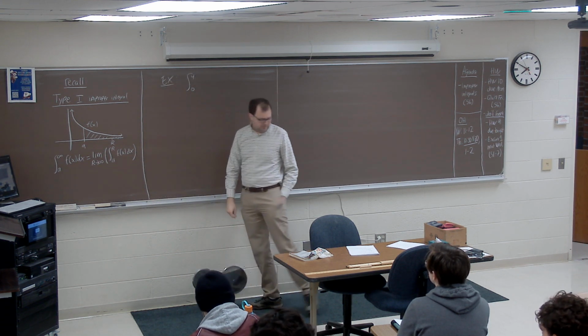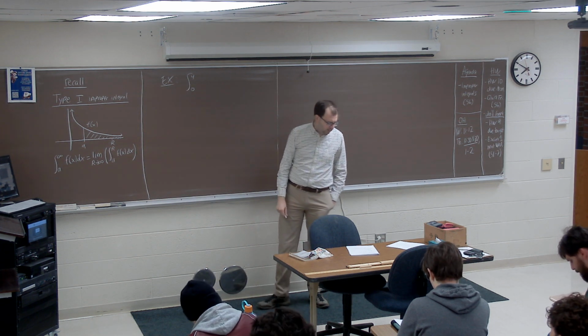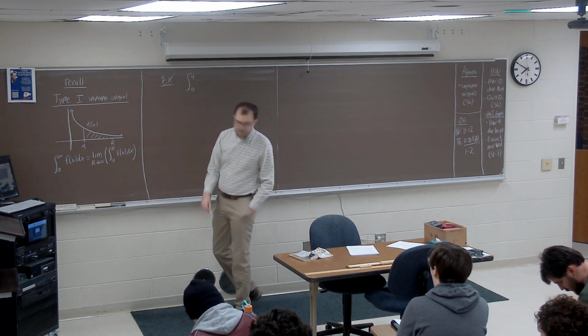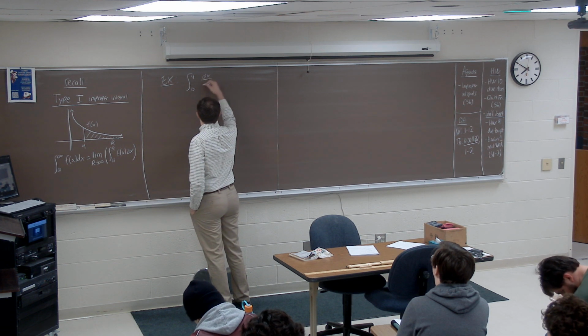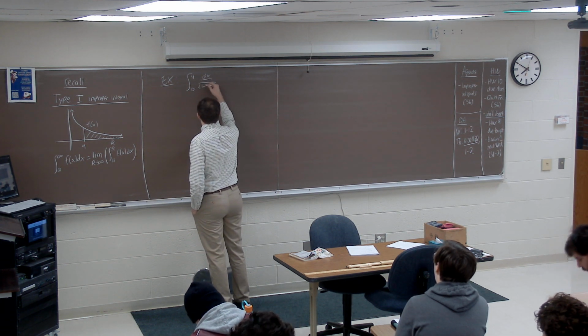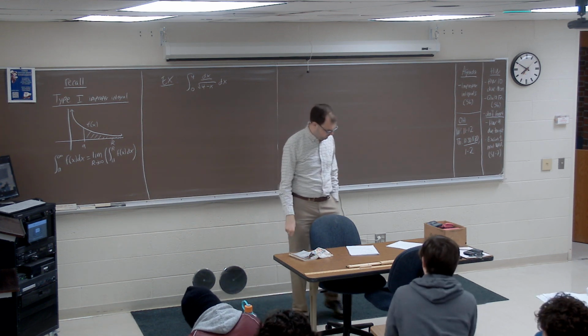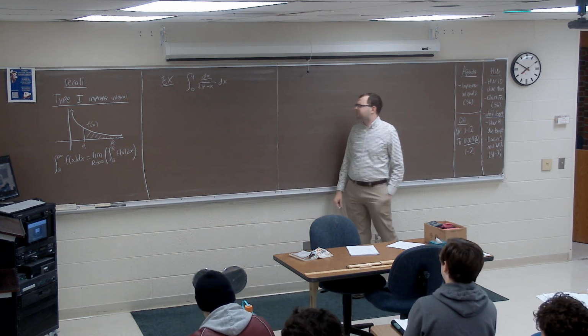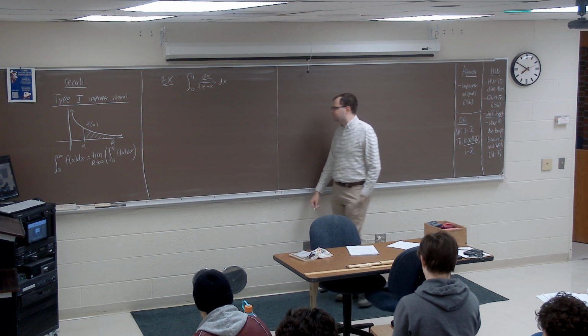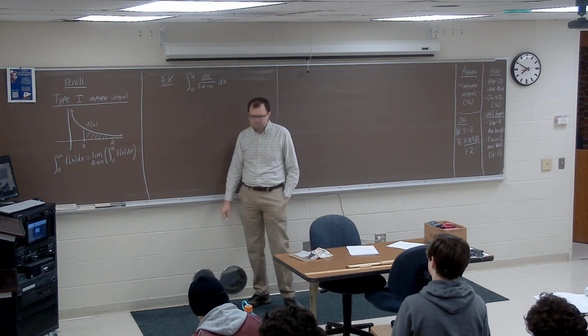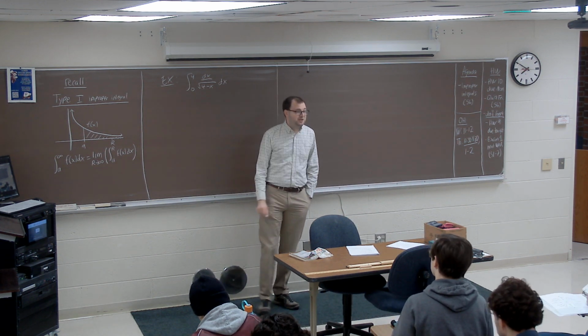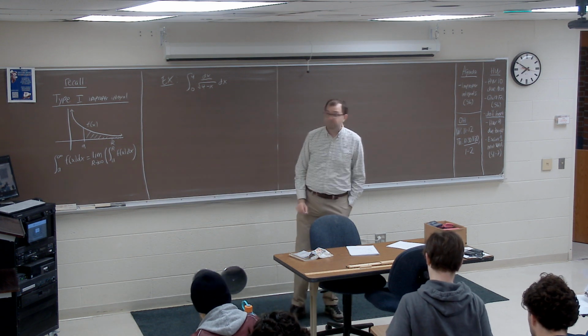Let's do the integral from 0 to 4 of 1 over the square root of 4 minus x. I'm going to be on the page of the packet that says Type 2 at the top.